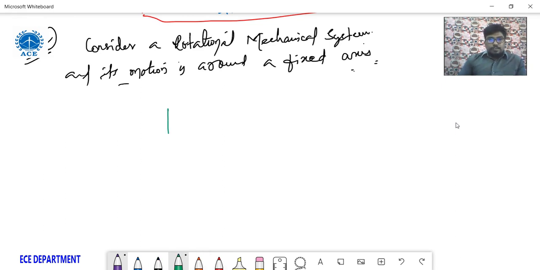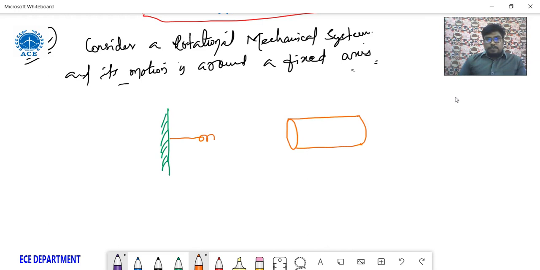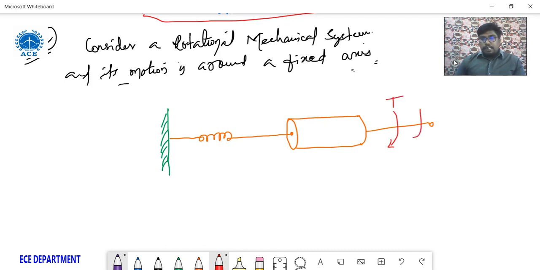Right, so this is a reference, and consider this is one of the inertia elements, which consists of a spring. Now torque T is applied here, and here we have theta, and also velocity.